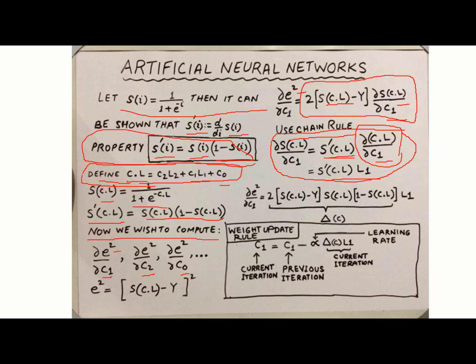So therefore, the partial derivative of E squared with respect to C1 as a whole would be 2 times (S(C·L) minus Y) times S'(C·L), multiplied by (1 minus S(C·L)), times L1.